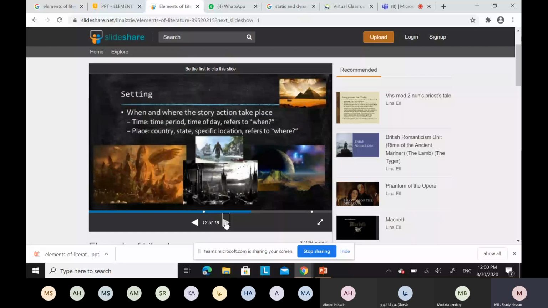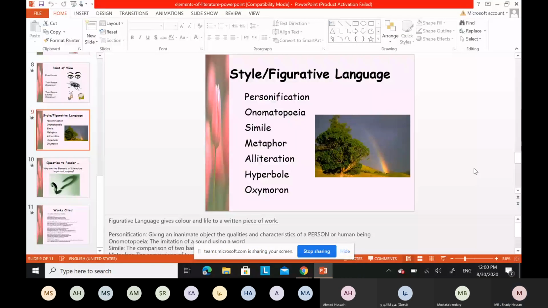Yes, we're going to sum up again. In figures of speech, we've got personification, onomatopoeia, simile, metaphor, alliteration, hyperbole, and, well, personification.